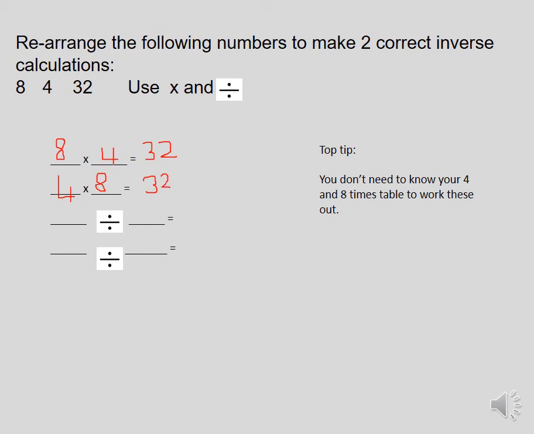Now we need to start with the biggest number for this one, so that's going to be 32. Oh, my pen stopped working. Oh, there we go, 32 divided by, I'm going to say 8. It will equal 4 because that's the only number we've got left. So then again, 32, we've got to divide it by 4 now to equal 8, okay?